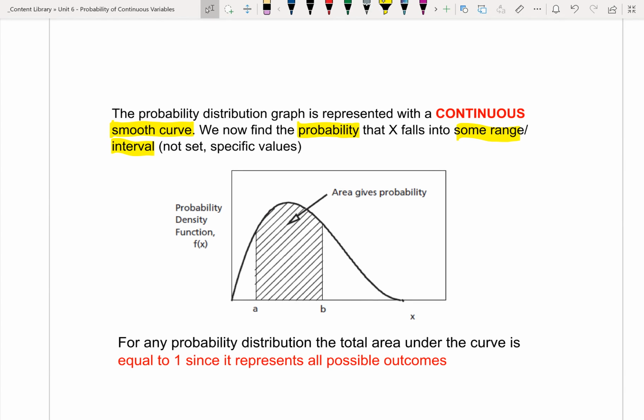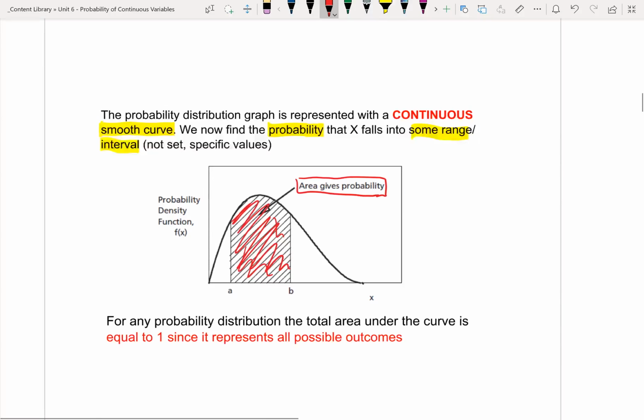If I look at my probability distribution graph for continuous variables here, and I'm looking for the probability of x between A and B, the area underneath the curve gives me the probability. So I have to be able to determine the area underneath a curve, and that will give me the probability of an event occurring.